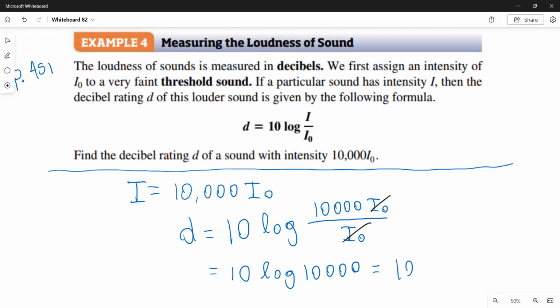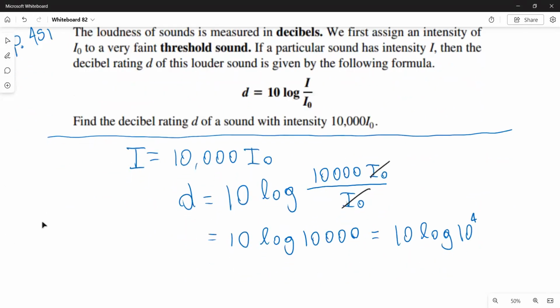So this is 10 times logarithm of 10 to the 4th, or 10 times 4. So the decibel rating is 40.